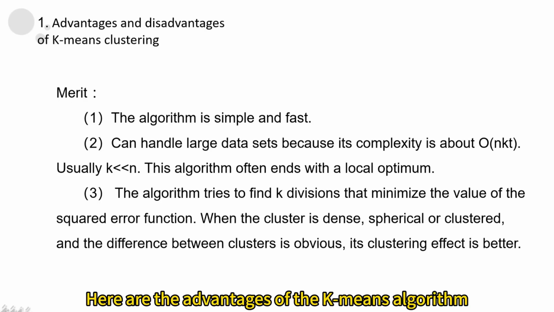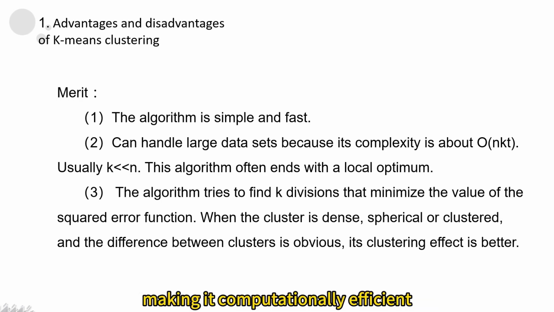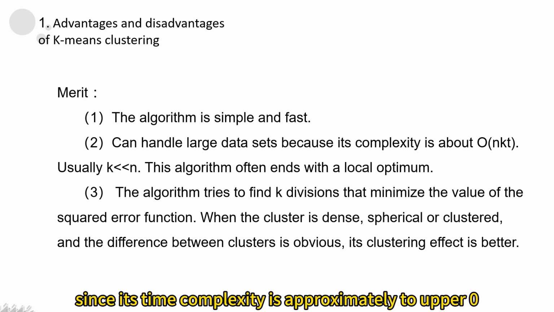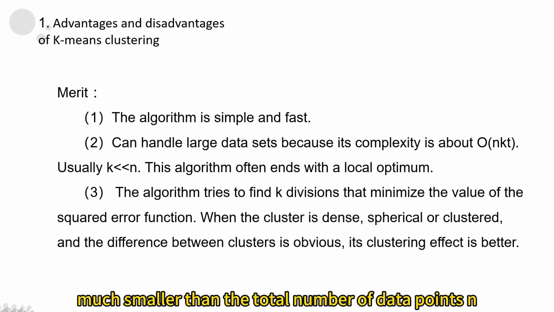Here are the advantages of the k-means algorithm. First, the algorithm is simple and fast, making it computationally efficient. It can handle large data sets, since its time complexity is approximately O(nkt), where k is usually much smaller than the total number of data points, n.